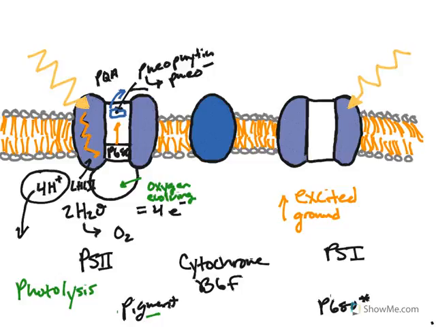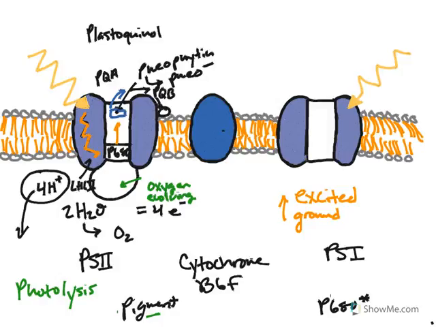From PQA, we're going to transfer it to a molecule called PQB. And PQB is going to be the molecule that we refer to as plastoquinol. Just like ubiquinone to ubiquinol, when we reduce a plastoquinone, it becomes plastoquinol.